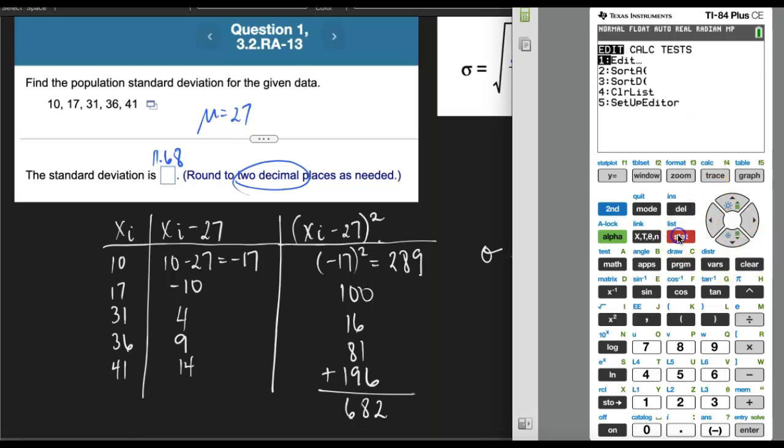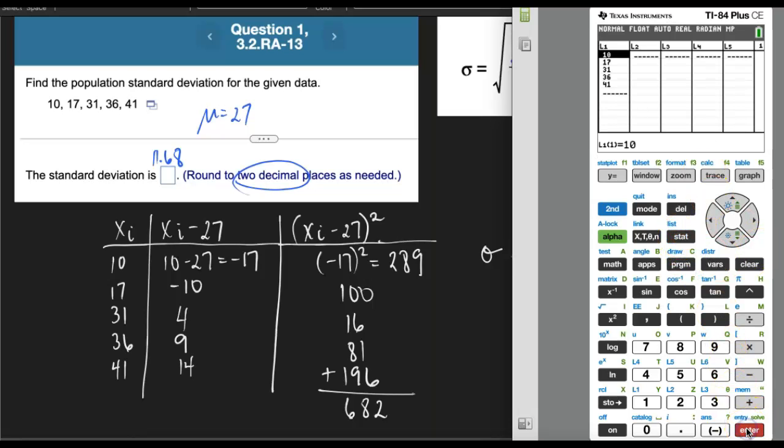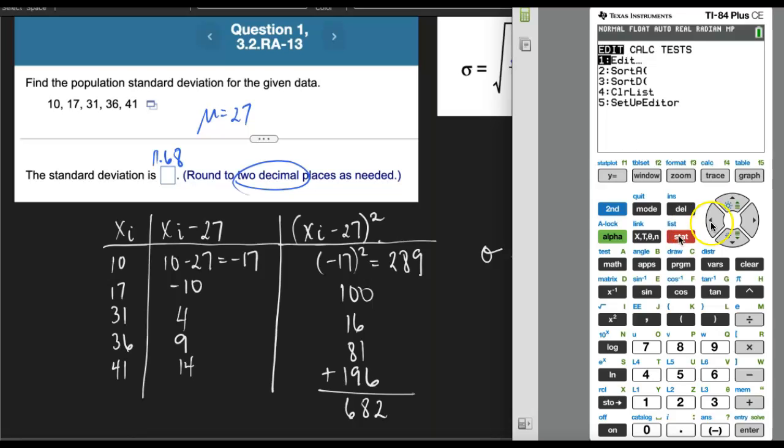So what I did was I went to Stat, Edit, and you can see here I already have the data in the list. And if I come back to Stat and scroll over to the right to highlight the Calc menu, select the first option, 1-Var Stats. L1 by default is already listed here, and that's where my data is.